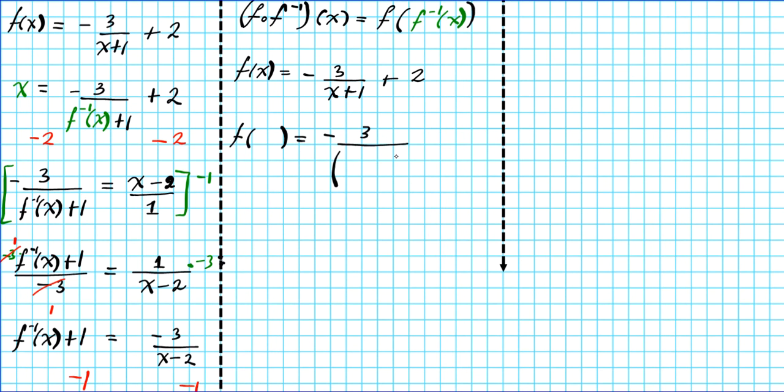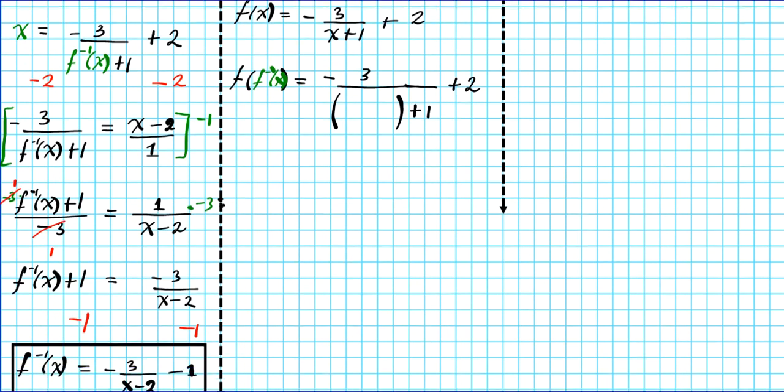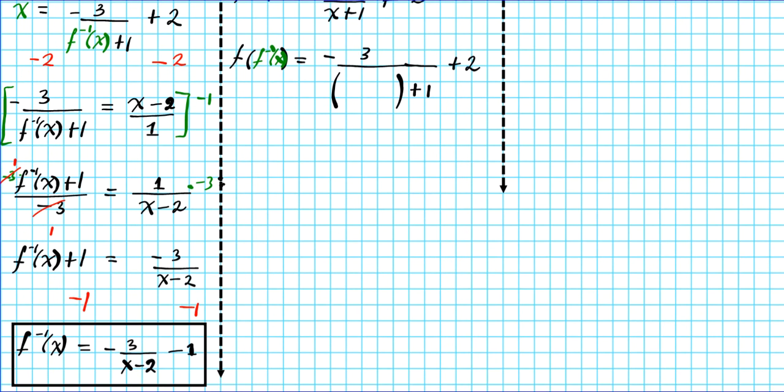Let's make it sufficiently large to compensate for its size, plus 1 in the denominator, plus 2 for the entire rational expression. The name of the input function is f inverse of x. The value is what we got down here. Let's take a look at it. Negative 3 over x minus 2, minus 1.